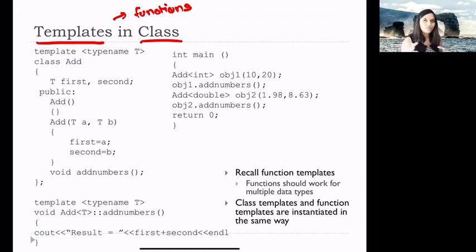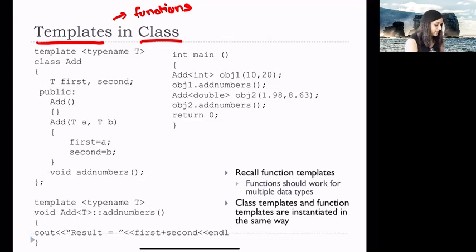So if you want this addition function that you write to be applicable to both int and float, or int and double and float, then you would define and declare that function using a template. In the same way, even for classes, if you want the things that you're doing within the class to be applicable across multiple data types, then you need to use templates for that.